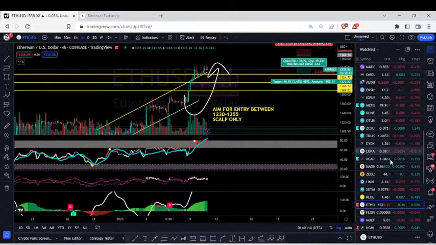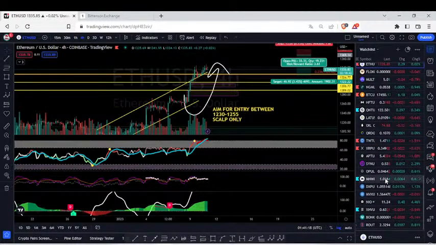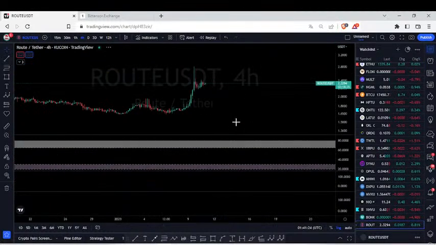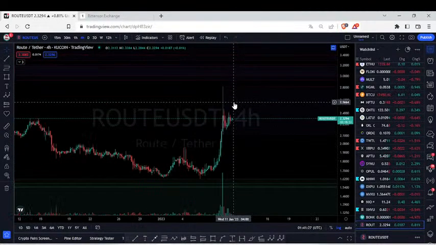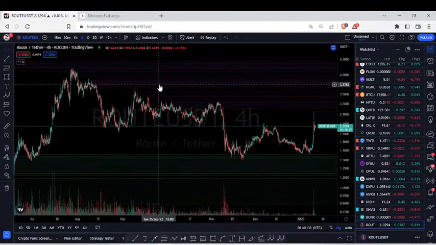Okay, now let me see, there was one other coin that I wanted to put on your radar. Route. Keep this on your radar. Route is going to be a massive, massive project next bull run.